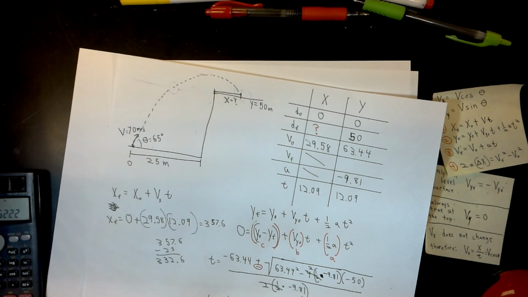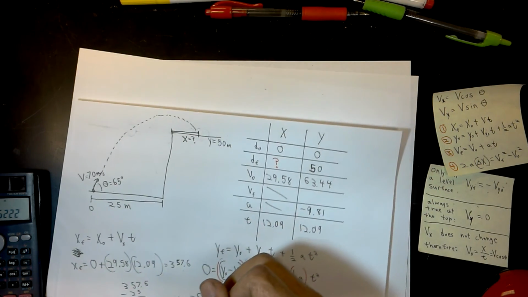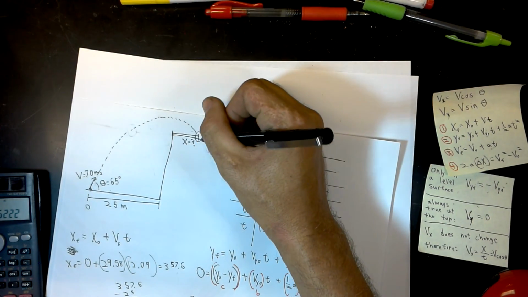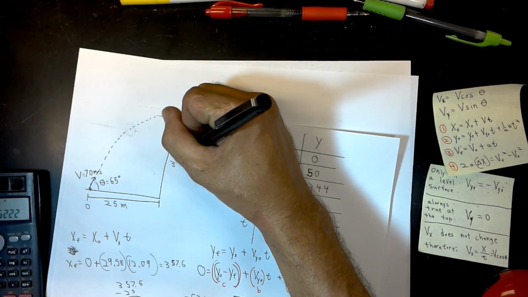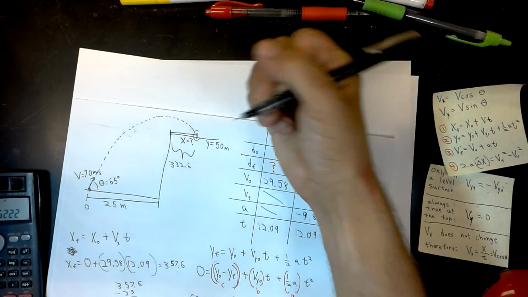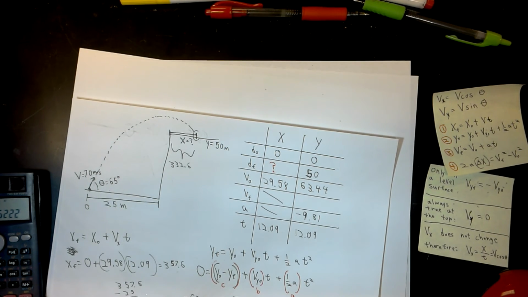But I wouldn't do that. I would just simply say subtract 25 from your answer to get your final distance. So 332.6 is this distance right here. Does that make sense? Okay, good.